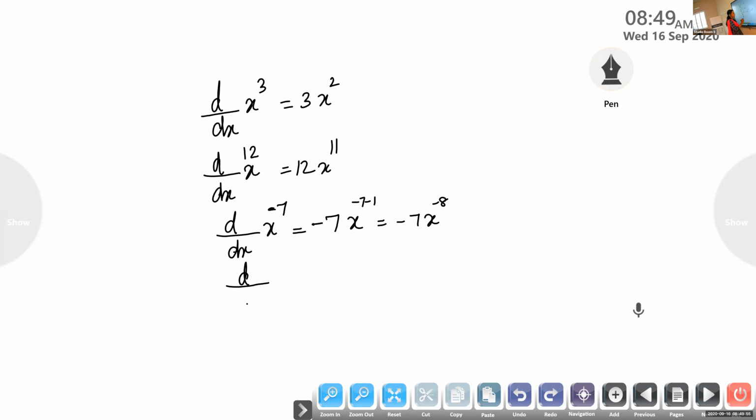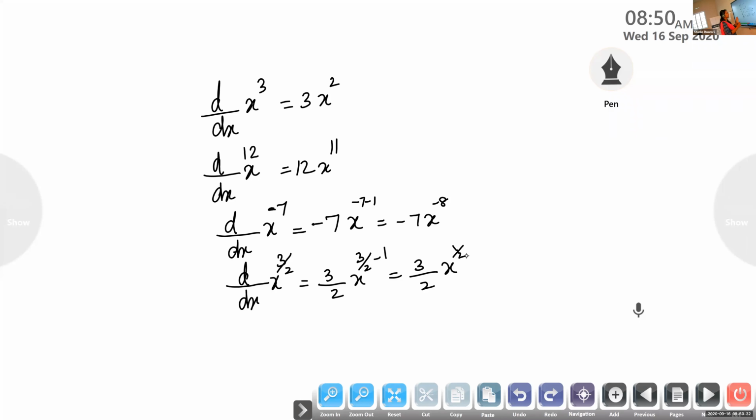Now, what is the derivative of x raised to 3 by 2? Punya, is it okay? Yes, ma'am. It is 3 by 2 into x raised to 3 by 2 minus 1. 3 by 2 minus 1 is 1 by 2.